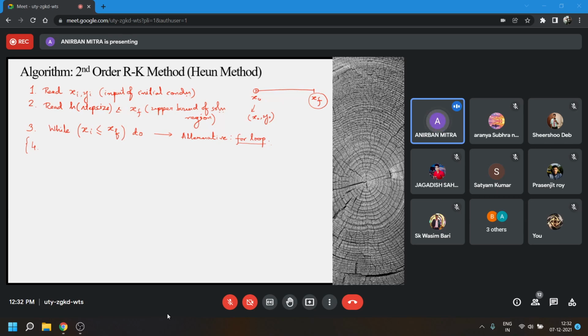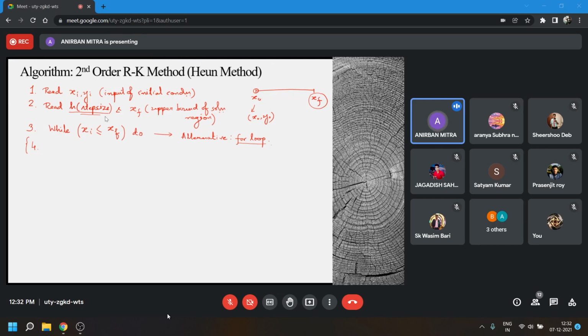Also, you can change the input parameters just a little bit and directly read how many subintervals are to be created. That obviously gives you an idea about how many times the for loop is going to run. But then again, if you read the number of subintervals within the solution domain, then you need to calculate the step size.